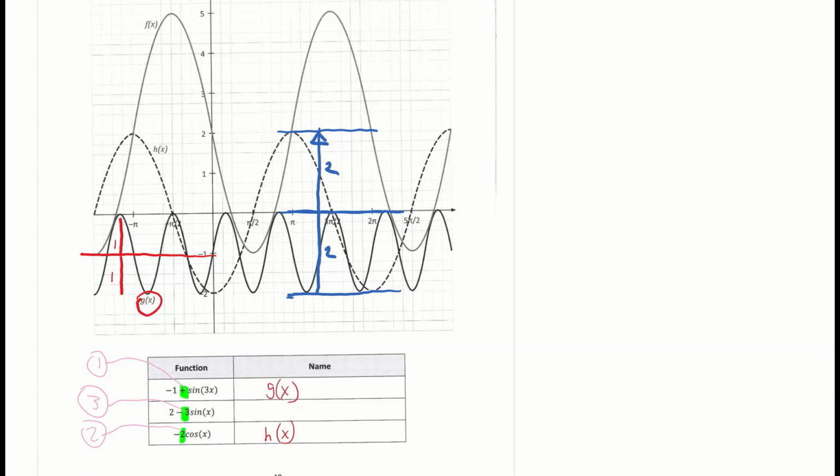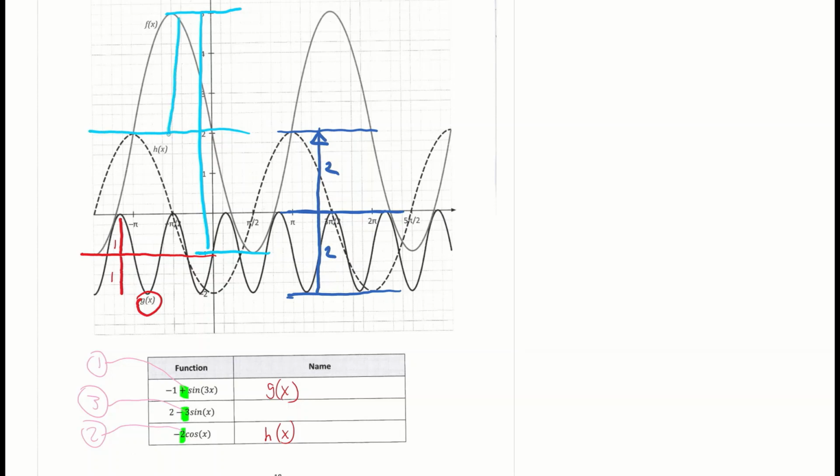And by default, the third one must be, what are we missing? f of x, but let's do it nonetheless. So f of x is the gray one. If we go from the top down to the minimum point, which is here at -1, and the top is at 5, that gives me a midway line of y equal to 2.